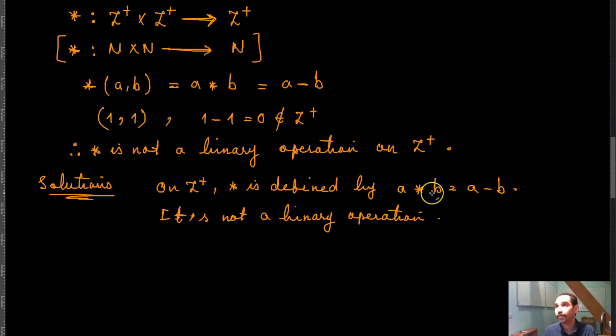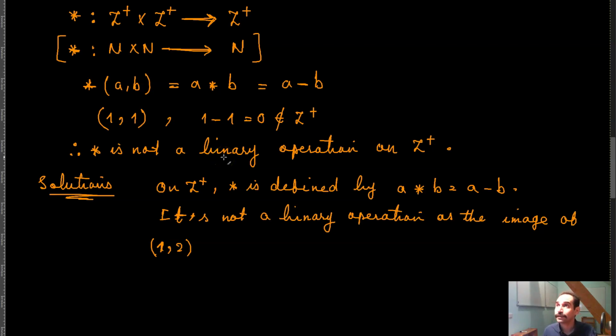As the image of, for example, 1, 2, they are using 1, 2 as a counter example. The counter example that we used here was 1, 1. You can use any counter example as long as it works in your particular case.